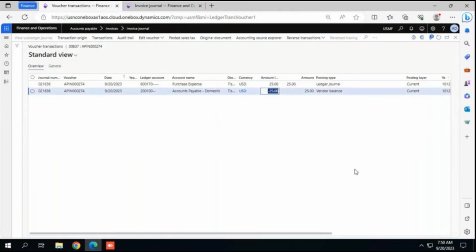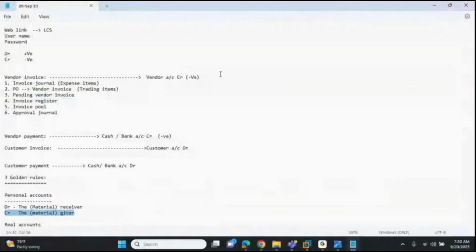If you verify the voucher, the vendor balance will be credited. At the time of payment, my cash balance or bank balance will be decreased. It is always a double entry system, one debit and one credit.